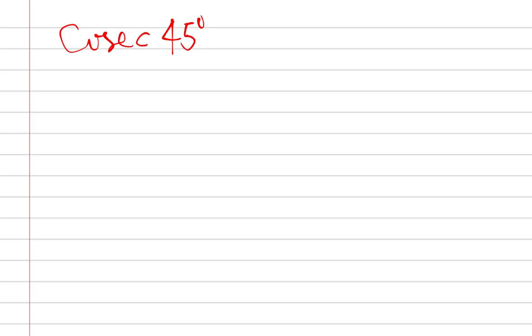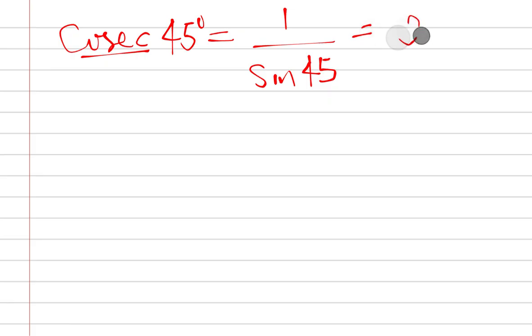So you can press 1 over sine 45, because cosec is the inverse of sine. Or you can press sine 45 all raised to power minus 1. This is the same thing, and you are going to get the answer.